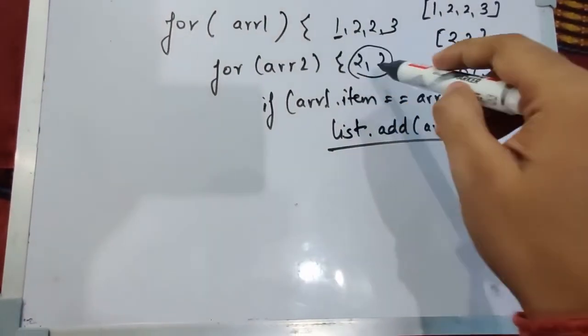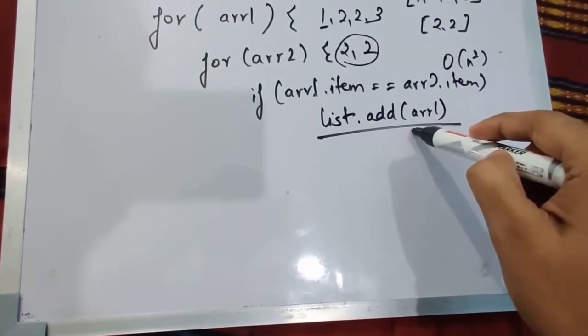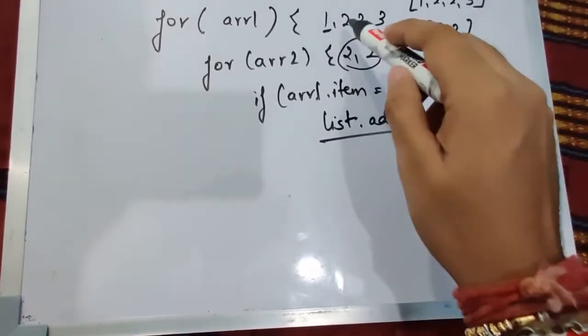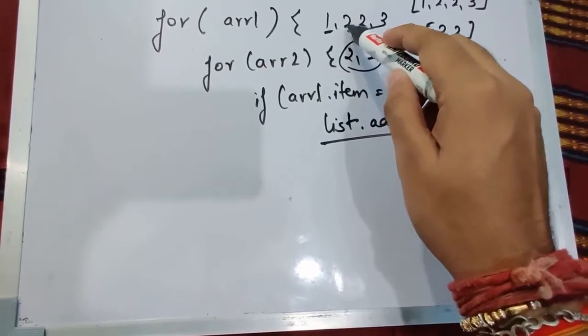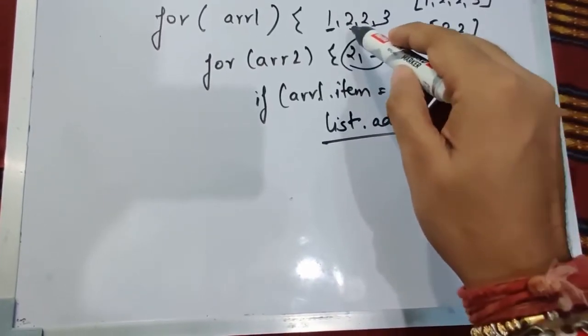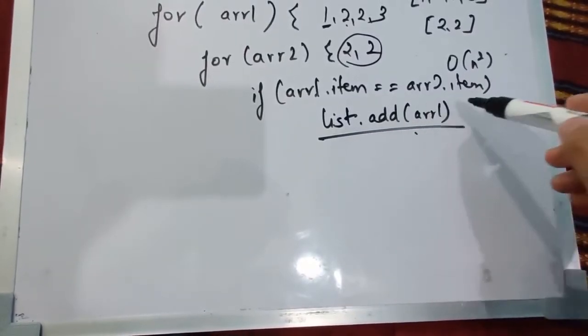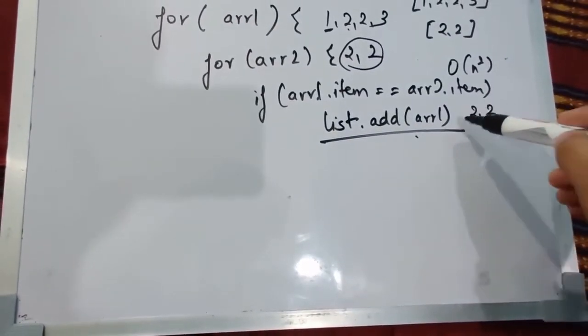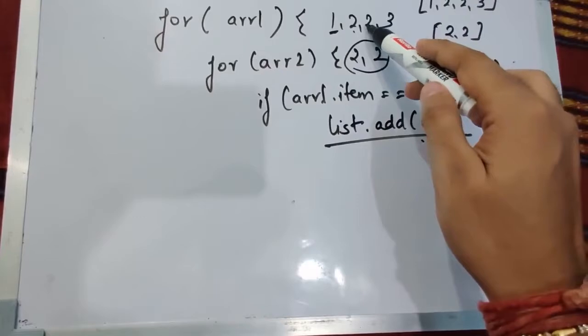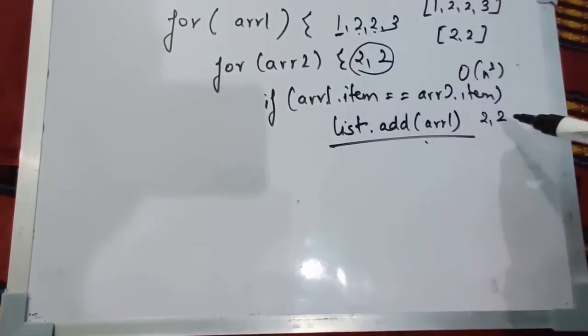It will not find 1, so it won't add it to the new list. Then we will check for 2. 2 will get checked twice, so that means that in the list we will have 2 twice. For the next 2 we will again have 2 twice.